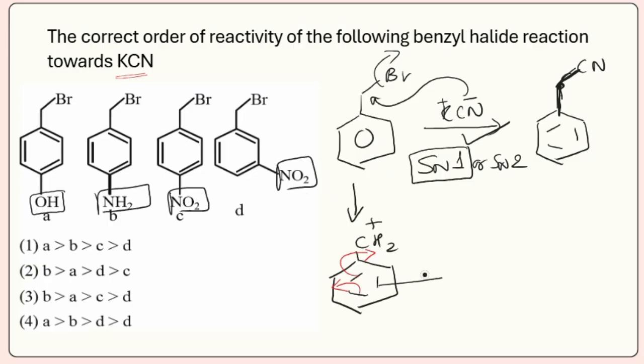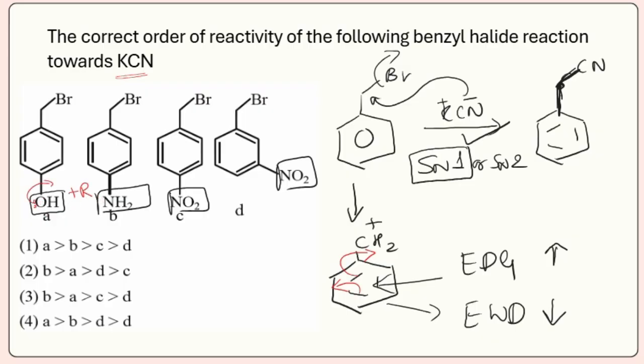If this is attached to electron donating group, it stabilizes the carbocation, hence the order of reactivity will be more. If it is attached to electron withdrawing group, then it destabilizes the carbocation, therefore the order of reactivity will be less. Look at the groups present here. The OH and NH2 both are electron donating group because of the positive resonance effect.